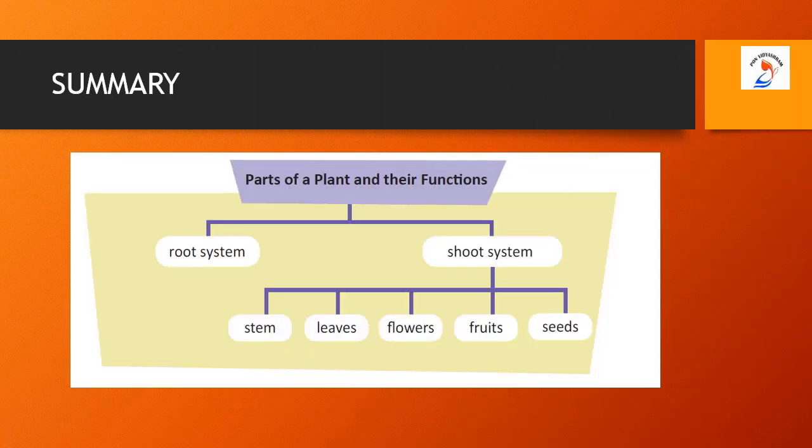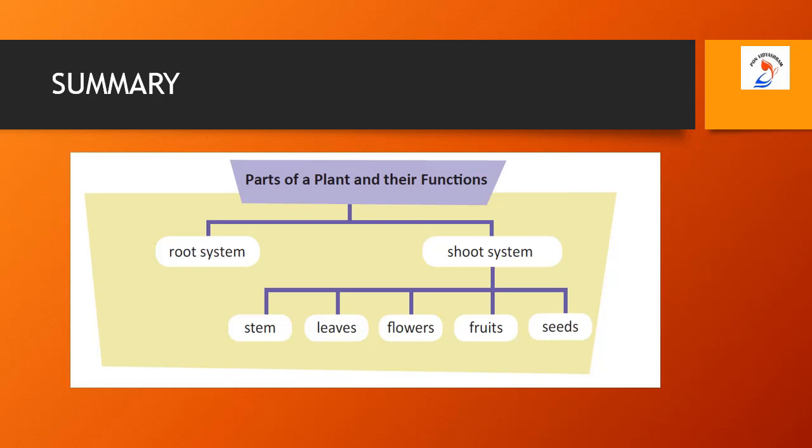Now, to sum up the whole chapter, we have a flow chart, children. What does a flow chart show? Parts of a plant and their functions. There are two main systems. What are they? Root system and shoot system. What did we learn in the root system? We learned the two types of roots, tap root and fibrous root.